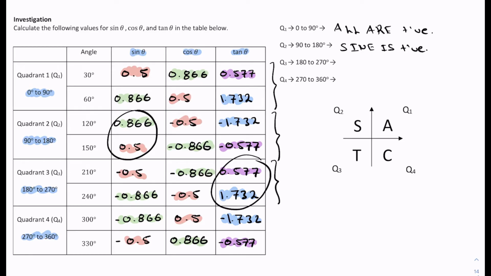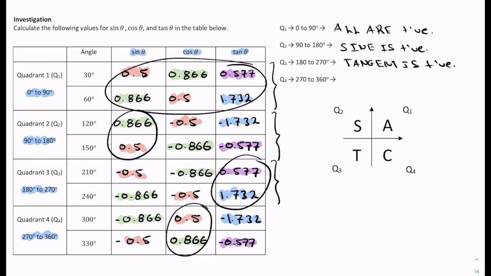I think I'll just circle them here. So we say tangent is positive. And then finally, when we look at the last one, we have cosine. Cosine is positive.